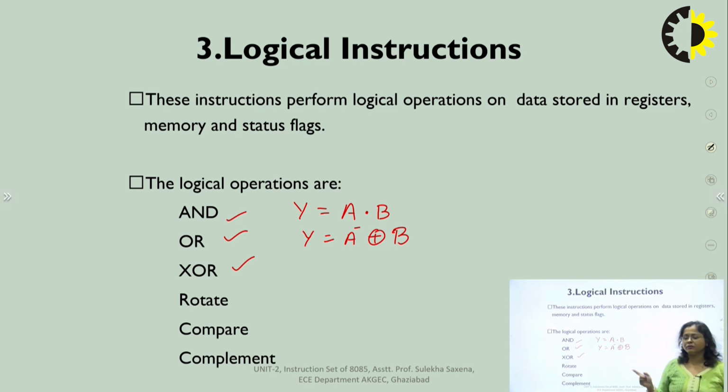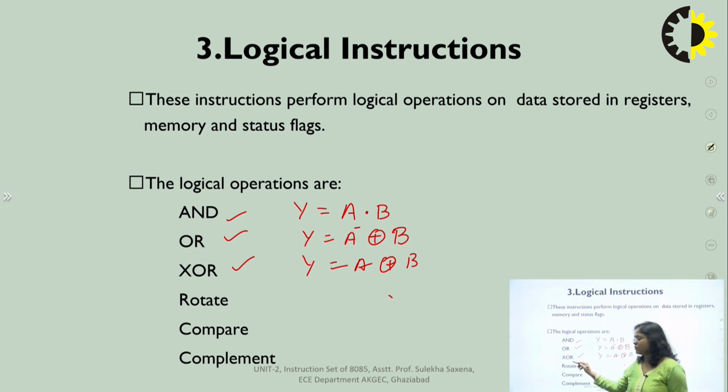If any one of the inputs is 1, the output will be 1. And XOR will perform the logical XORing of both the inputs, that is, when both the inputs are exclusive, that is different, the output will be 1, and when both the inputs are the same, the output will be 0.